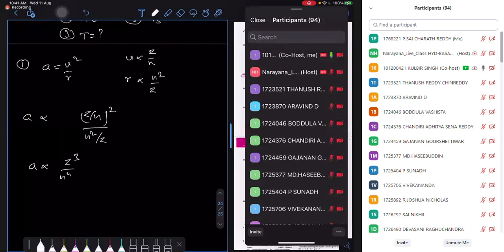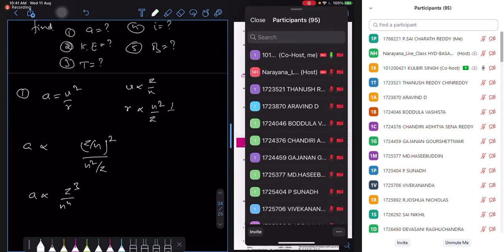Now there are two ways you can find out the acceleration. The first one is the expression of the acceleration. The radius is inversely proportional to my mass, and my velocity is independent of the mass.